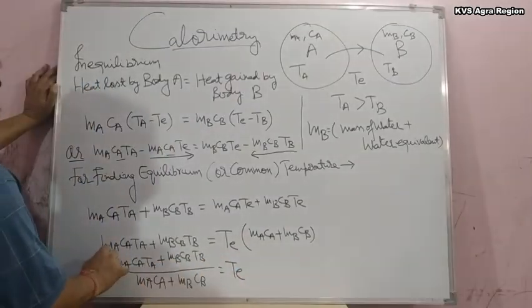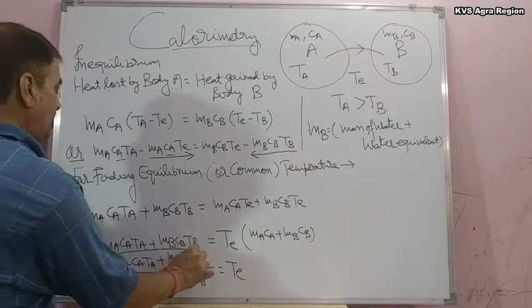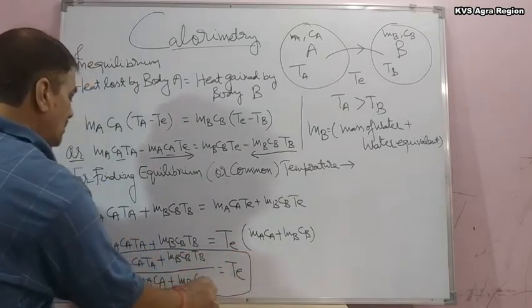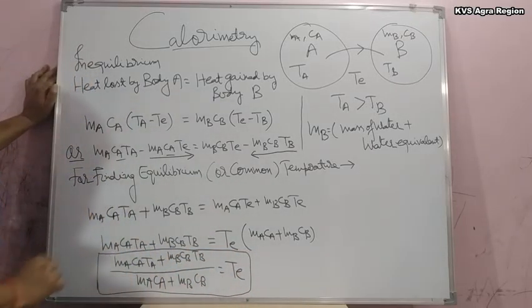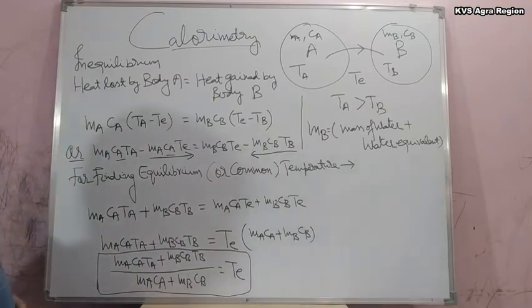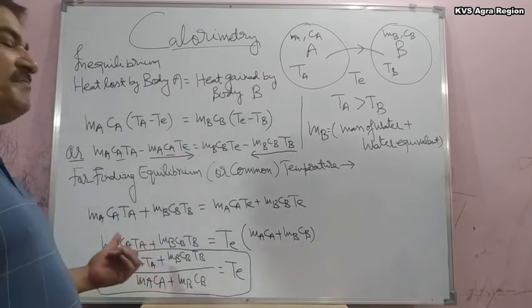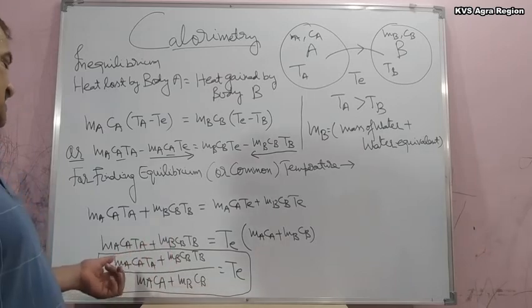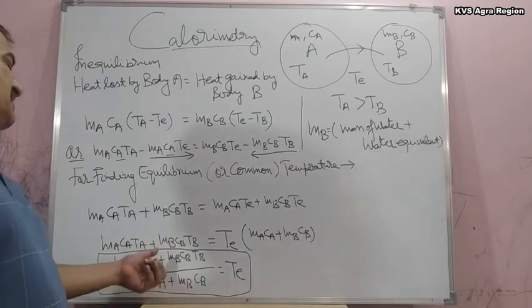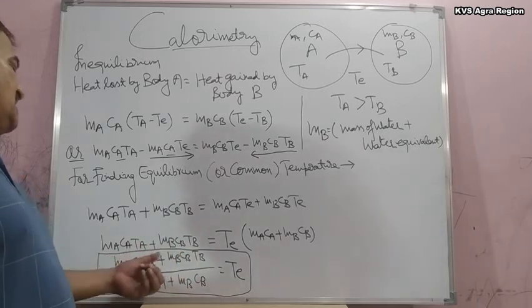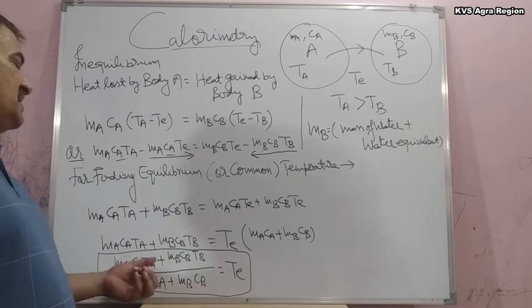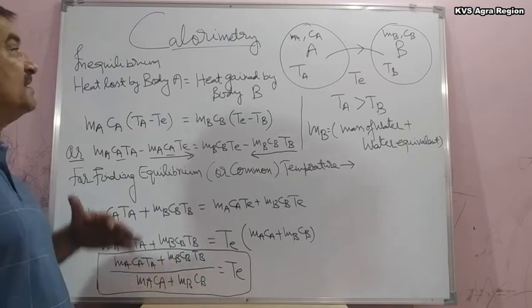So in order to get the equilibrium temperature of the mixture of A and B, what will be the common temperature? The equilibrium temperature will be calculated by the relation MA CA TA plus MB CB TB upon MA CA plus MB CB.